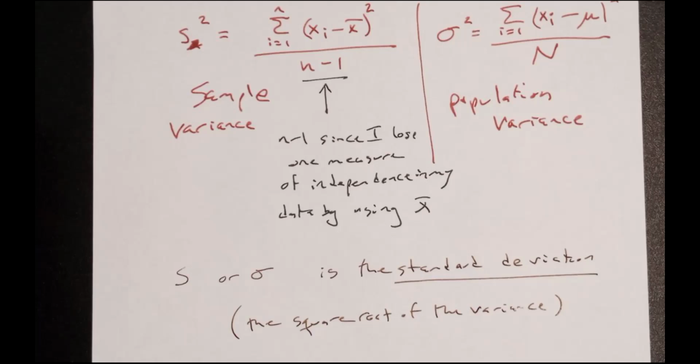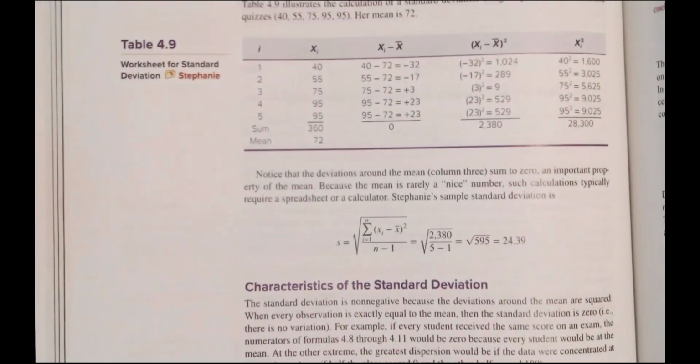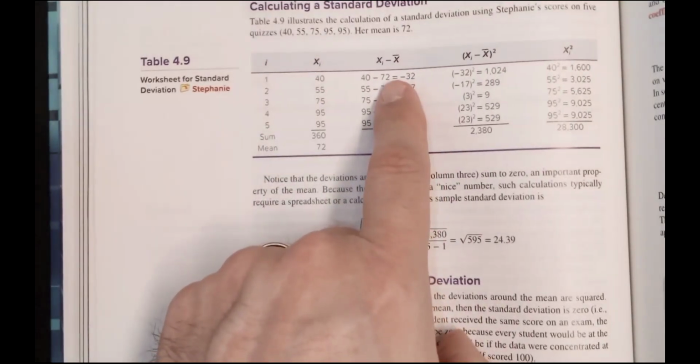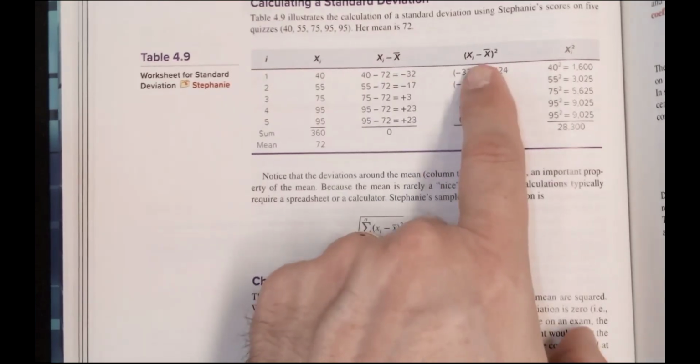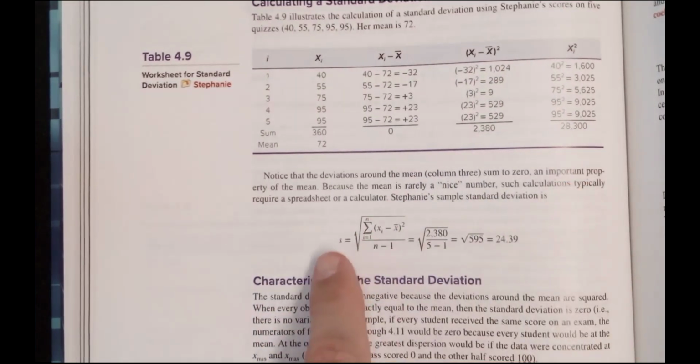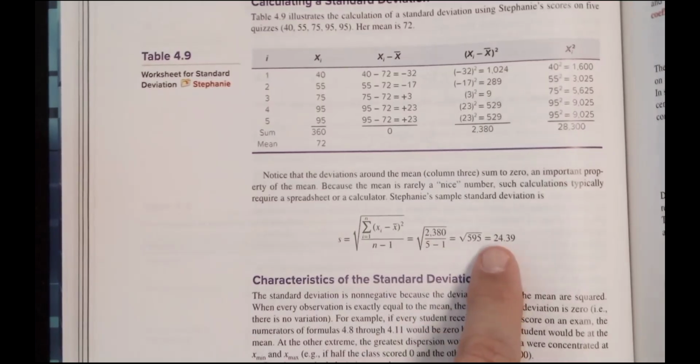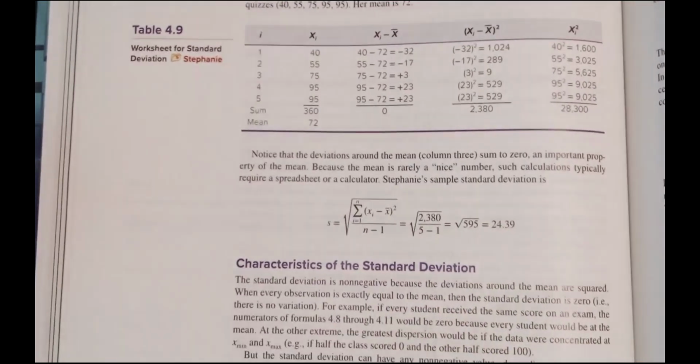On page 112 is a complete calculation worksheet for an example. We figure out the difference between each number and the average. We square it, and we add them up and divide and take the square root to get the standard deviation.